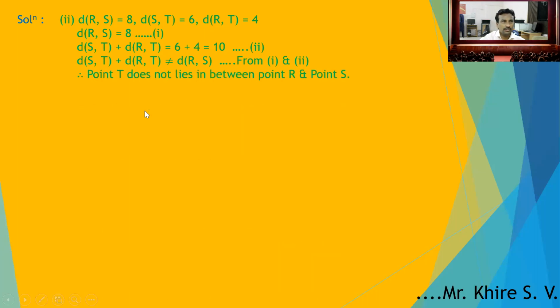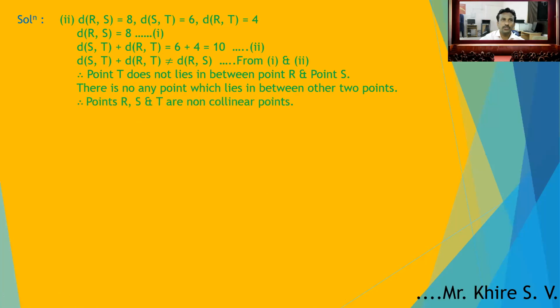And therefore point T does not lie in between point R and point S, or we can say that there is no point which lies in between the other 2 points. Therefore we can say that points R, S and T are non-collinear points, which are not in the same line.